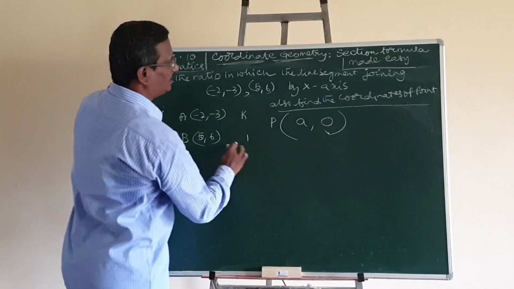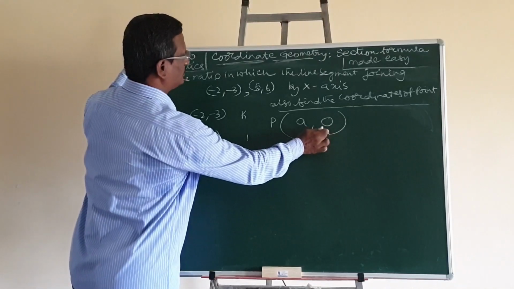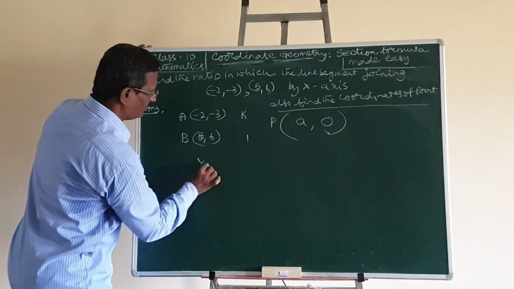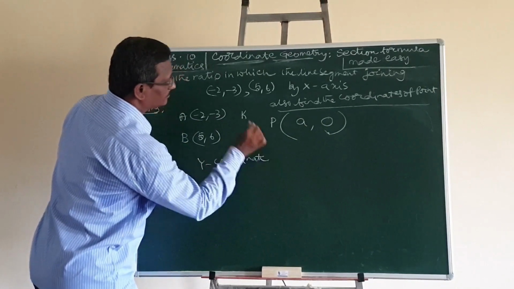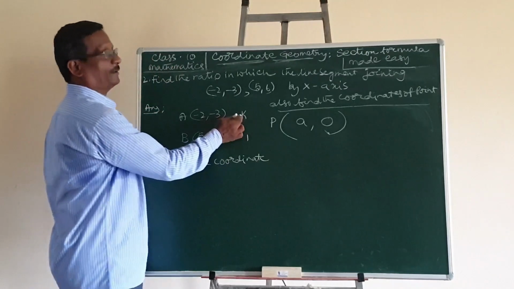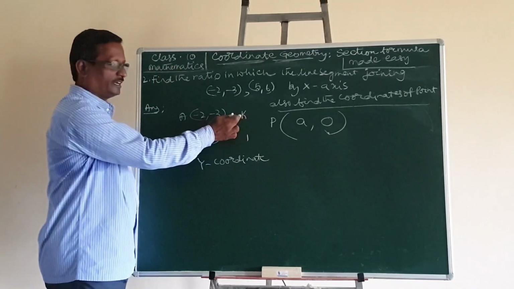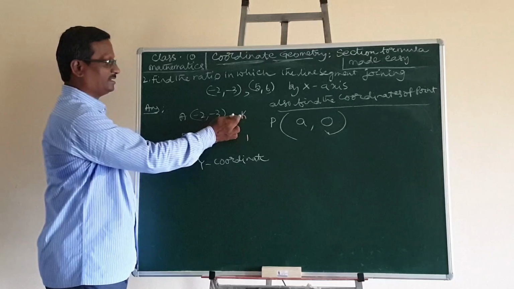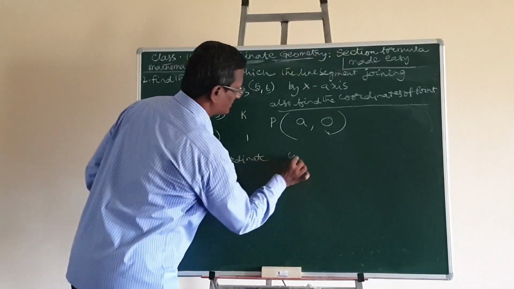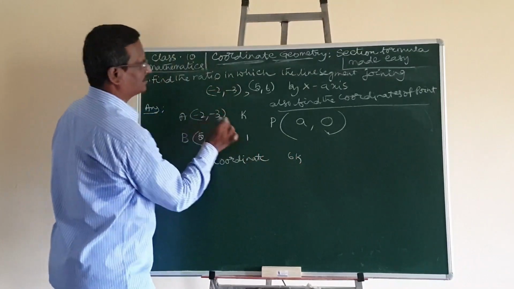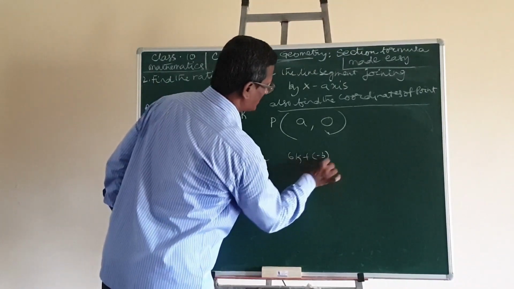See how it comes. The known y coordinate is 0, means I will find the y coordinate. To get y coordinates, starting from the first term of the ratio, cross multiplication for y coordinates. K into 6, 6k. 1 into minus 3, minus 3.